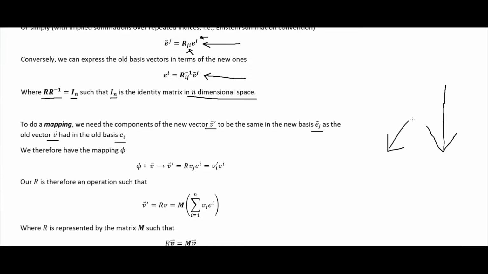And so the components are going to be the same in both of these. And so the basis and the vector are being rotated and scaled the same amount at the same time. We therefore have a mapping, which is this phi, which goes from the unprimed to the primed.